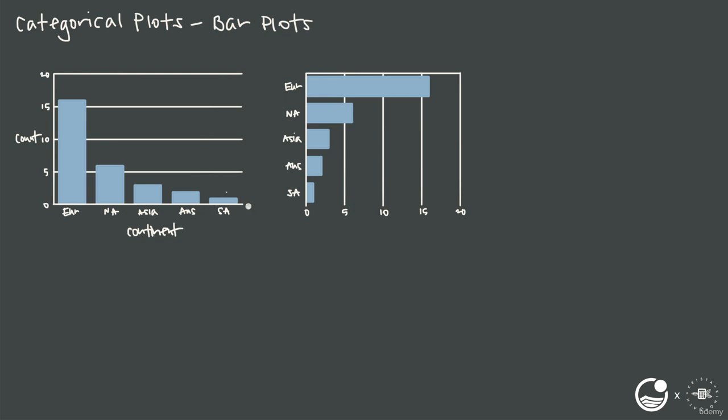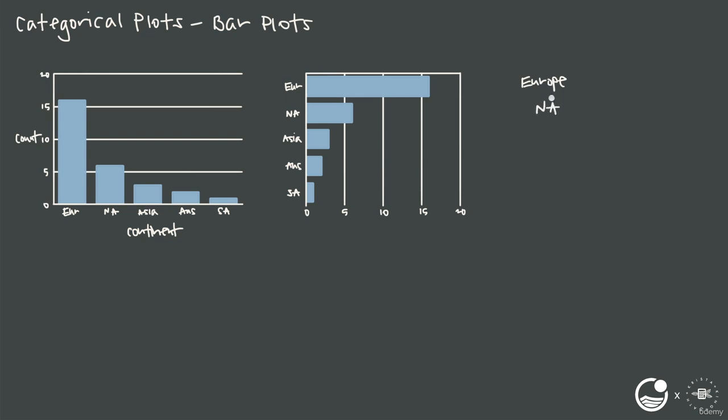So the raw data for these charts might be the complete historical list of the host city for every Summer Olympic Games. And using that raw data, we could make a frequency table. So we could take every instance of the Summer Olympic Games and create a table where we group those games together by continent.